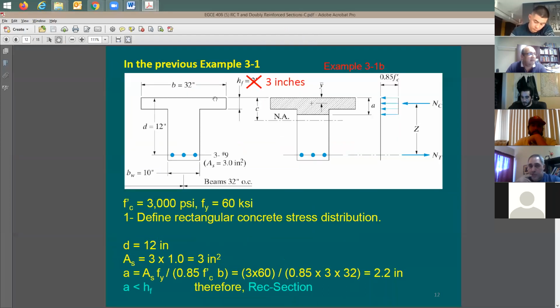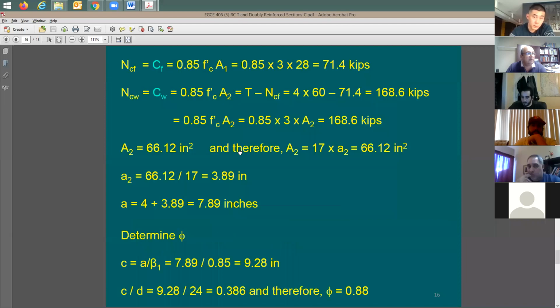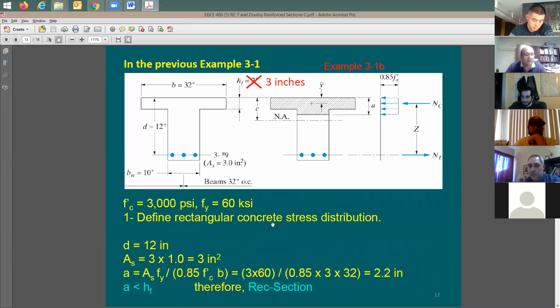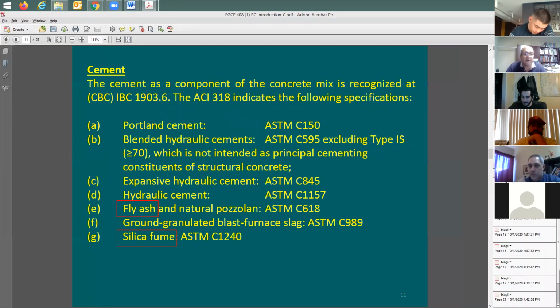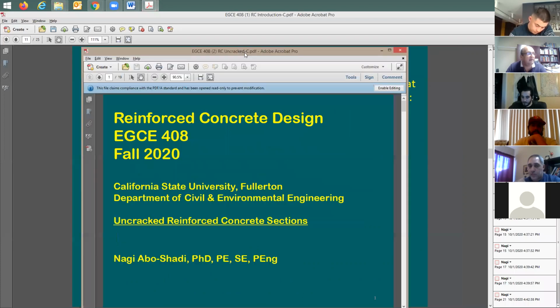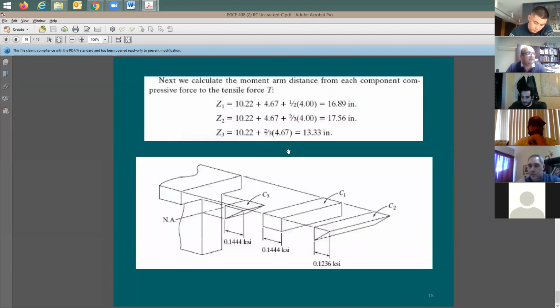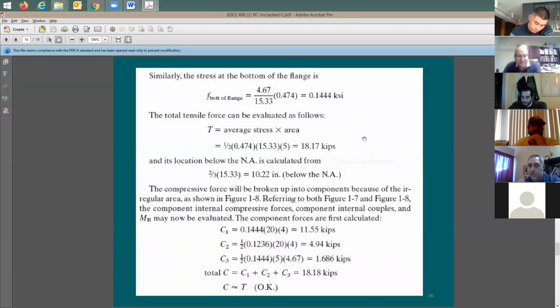This one also is very detailed, especially when you change this to 3 inches and then make it rectangular versus T. And this one also, the one that has 2 notches on the top, is a very detailed solution. For the uncracked, you have the rectangular, and then the T section, and you have this example here. So actually, you have everything you need, but this is fine. I'll put 3B there.